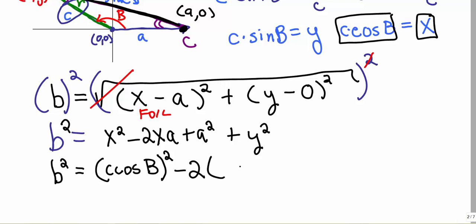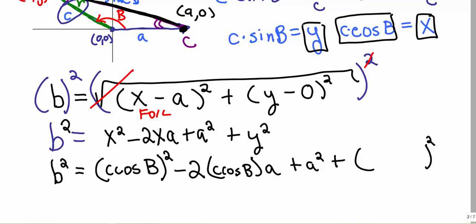Minus 2 times x, so that's c times cosine b in place of x, times a, we'll just leave that as a, it's side a there, plus a squared plus y squared. Now the definition that we gave for y was c times sine b. So everywhere we see an x and a y, we're going to replace that with our definitions that we formed for x and for y.